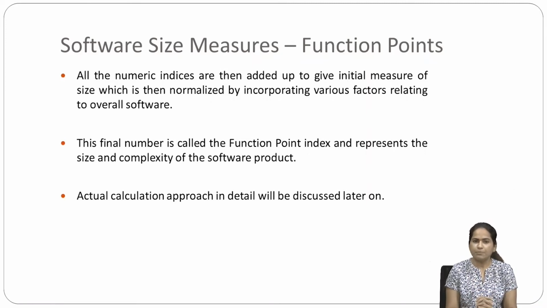The final number which you get is called the function point index, and it represents the size and complexity of your software product. Whatever final number you get after adding up the initial measure with these complexities will be your function point, and it will represent the size and complexity of the software product.